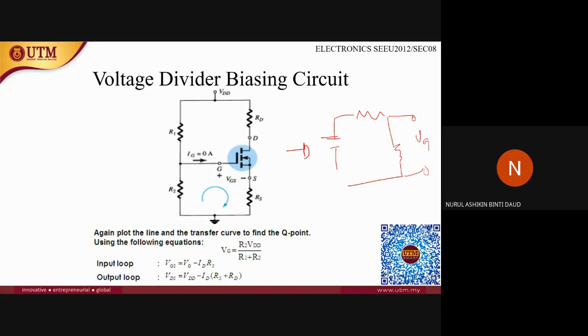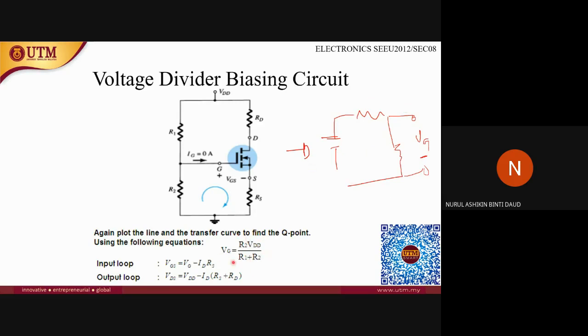The VG voltage is horizontal with R2, so the value of voltage at VR2 is equal to the value at VG here. Then you can solve this using Kirchhoff's law, and you will get these equations.